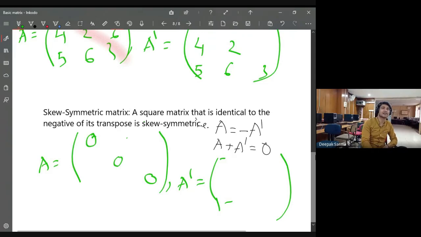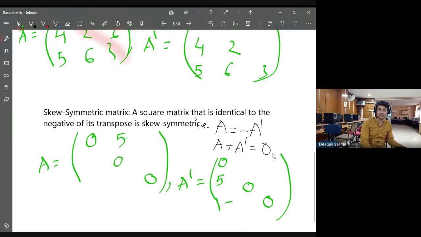Got it? Suppose I have here 5. Now, 0 goes to 0 again. Here, okay? 1, 1, 2, 2, 3, 6, 3. Now 5 will move to minus 5 here. Sorry, 5 here. Yes? What should I get? A plus A transpose should be 0. So whatever I have in this position, if I add it with this number, it should be 0. So I must have minus 5 here.